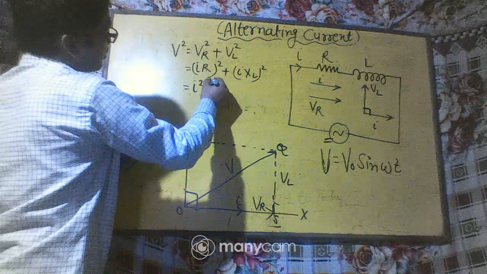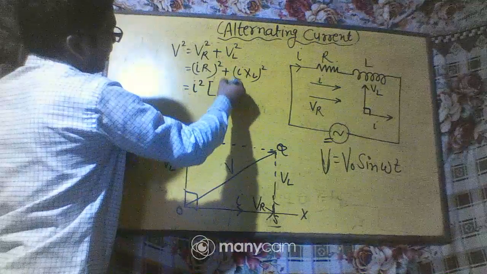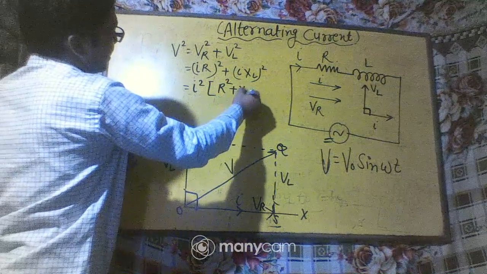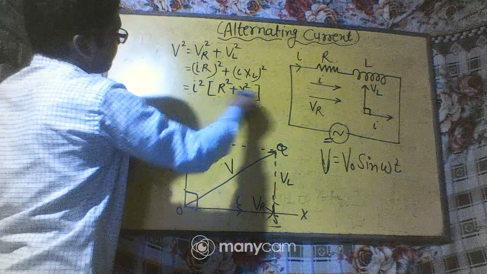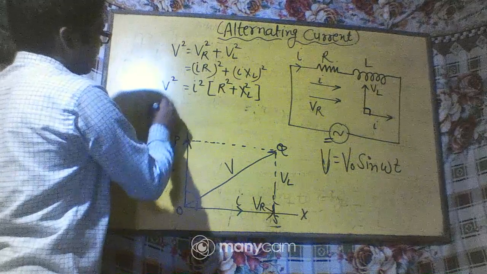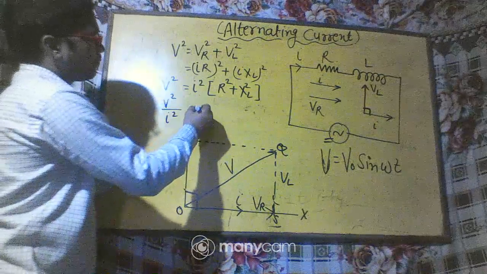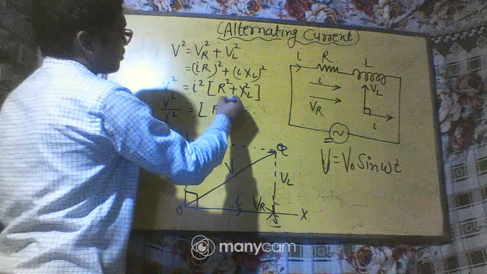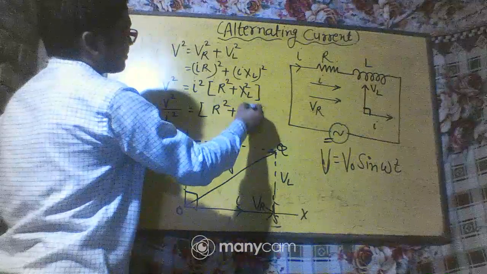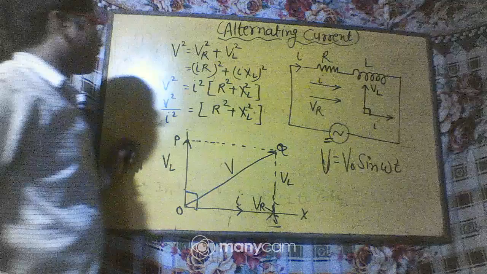Now you can take I square as common, so you can write R square plus XL square is equal to V square upon I square, or V square upon I square is equal to R square plus XL square.